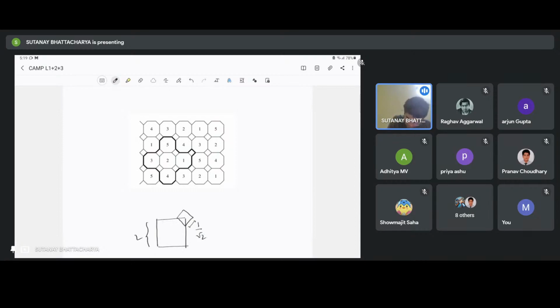Now, if you chop off these squares from every corner of this bigger square, you will end up with an octagon. Yeah. So this octagon is what you see over here. And these squares are these little squares.